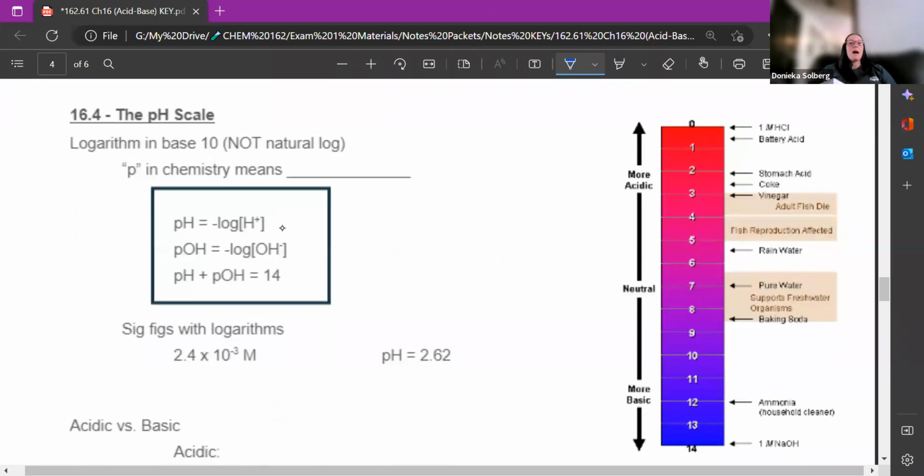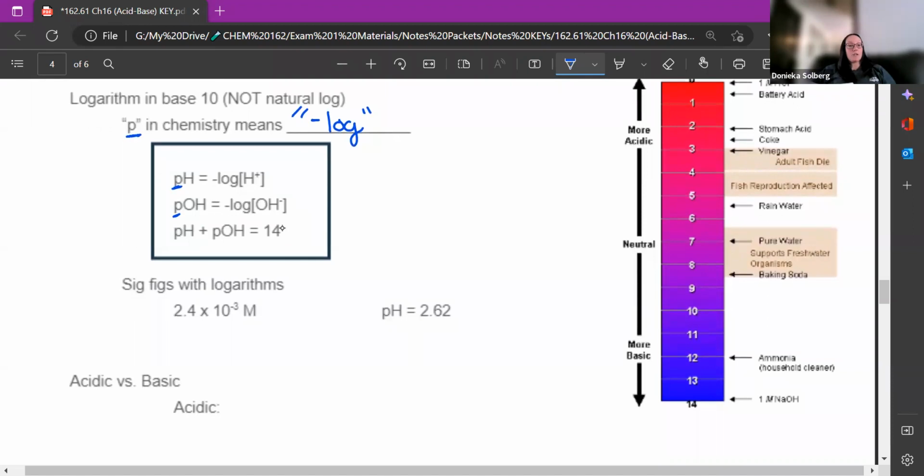Okay, so anytime we see this lowercase p in front of something, so pH, pOH, yes, that is a thing. That means the negative log, log base 10, of something. pH is the negative log of the H plus concentration. So pOH would be the negative log of the OH minus concentration.